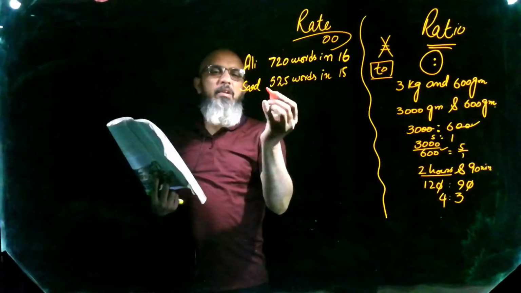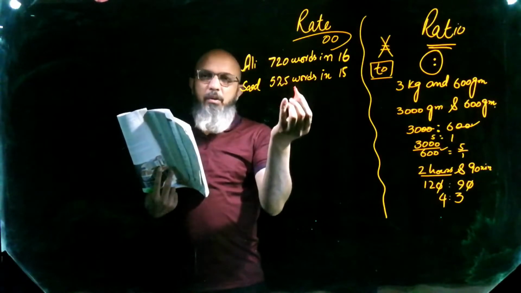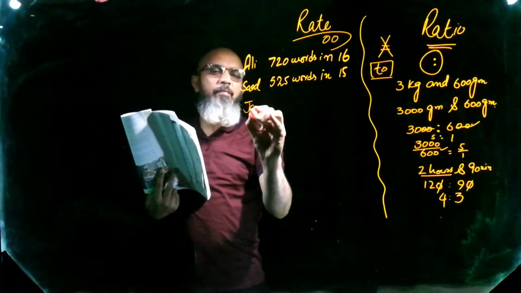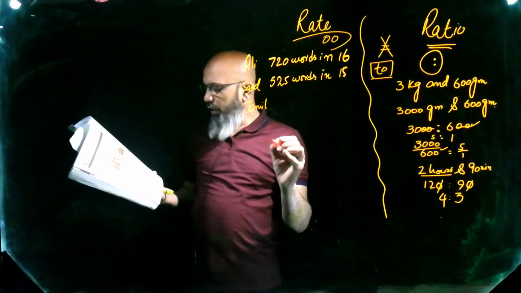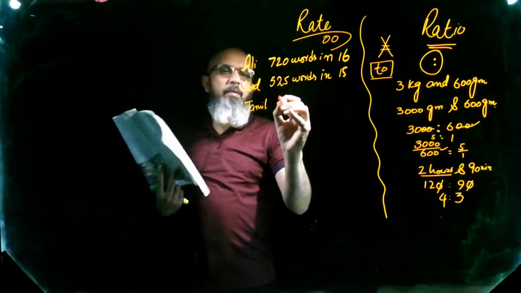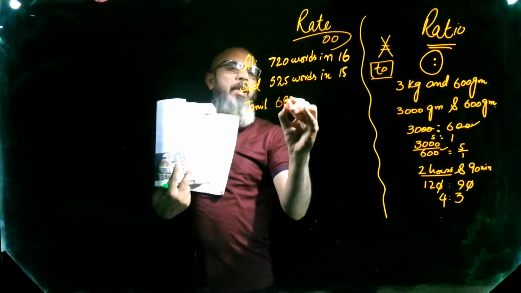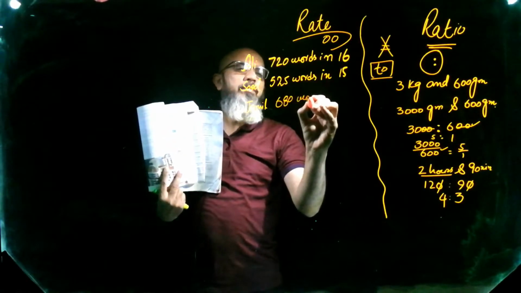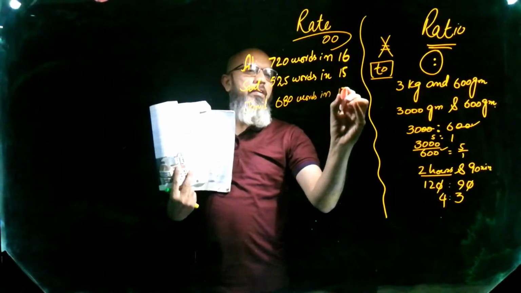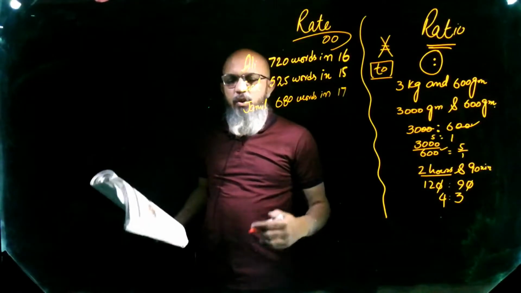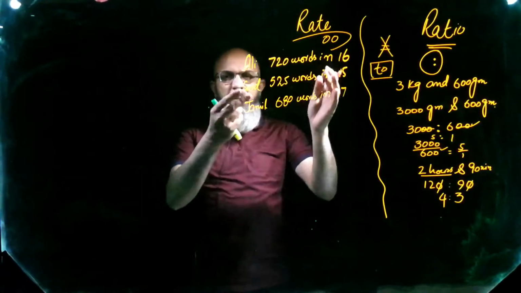The third one is Jameel, and Jameel types 680 words in 17 minutes. So whose typing speed is faster among these three?